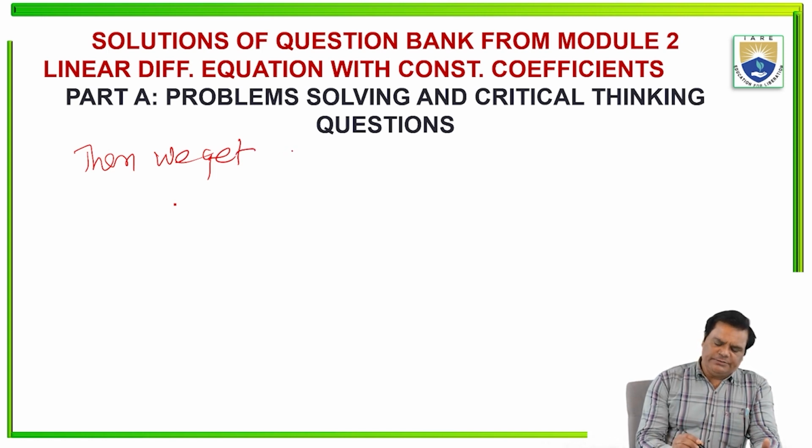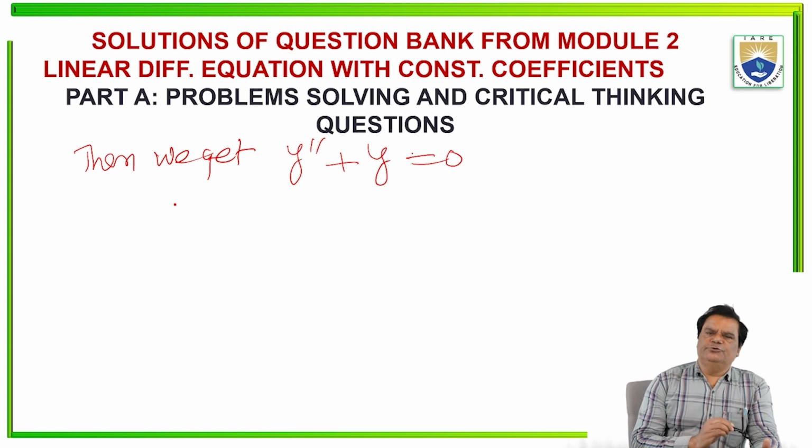RHS 0 means y double dash plus y equals 0. This is equation 3.